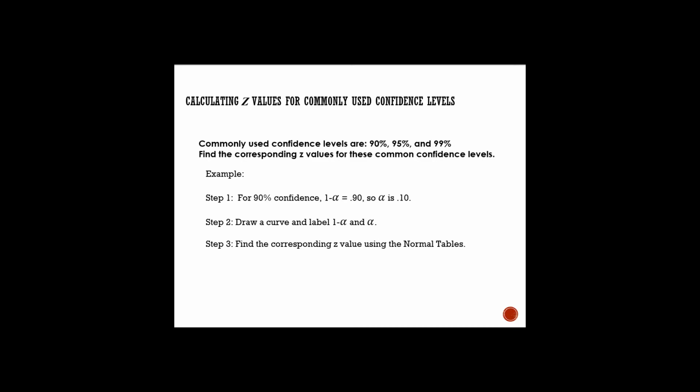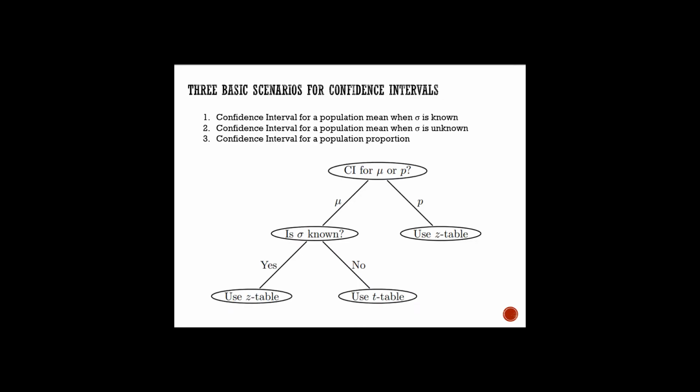There are some basic scenarios for finding confidence intervals, and these are listed here for you on this page so you can sort of tell what we're going to do, but we're only going to use one of them to start with. First of all, you check and see, is your confidence interval for the mean or is it for the proportion? Now, if it's for the proportion, your decision is already made.